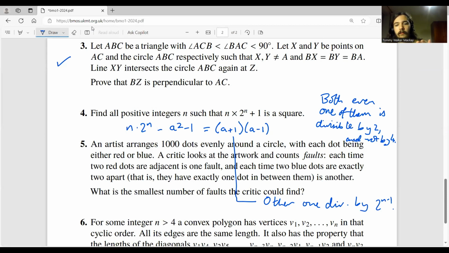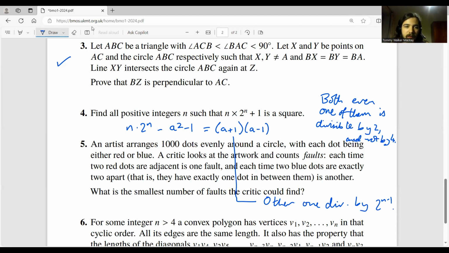So now, looking at this, we should be able to see that if you take a large n, this isn't going to work, because 2 to the power of n minus 1 will be significantly greater than the square root of n times 2 to the n for sufficiently large n.